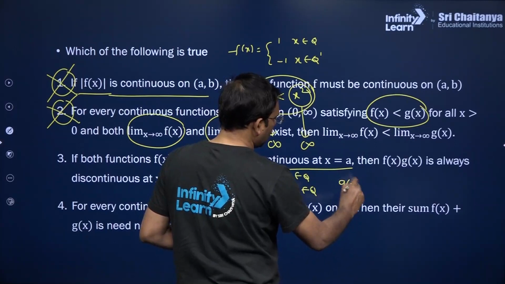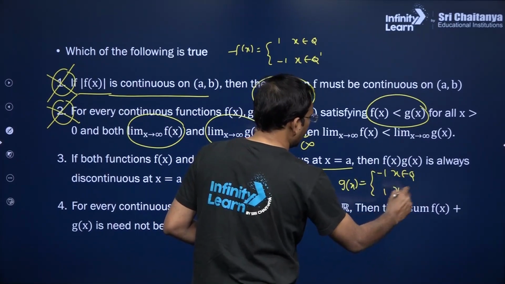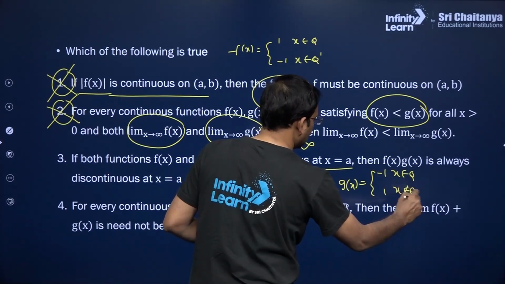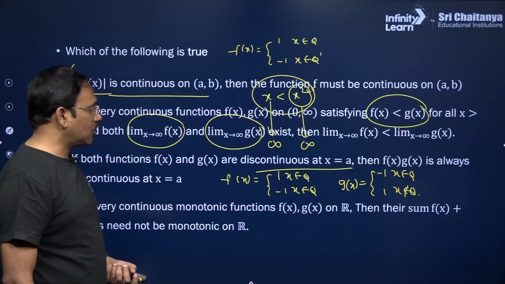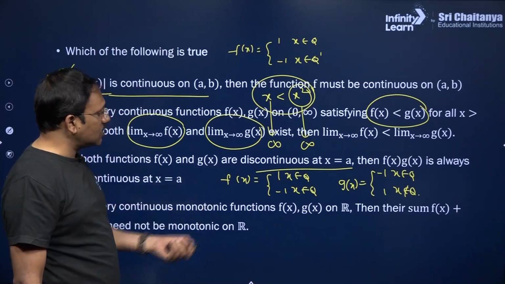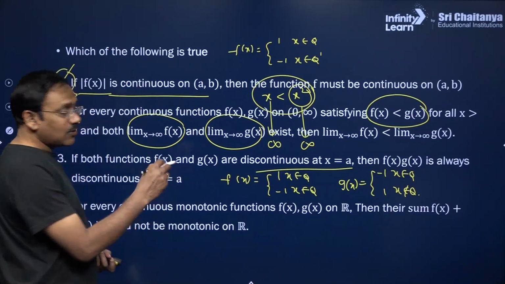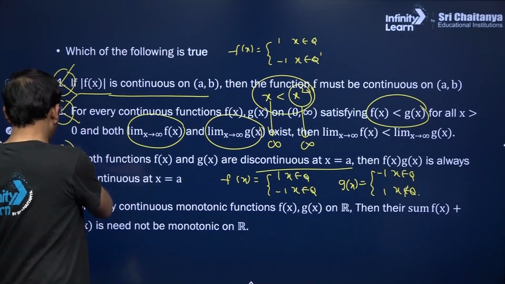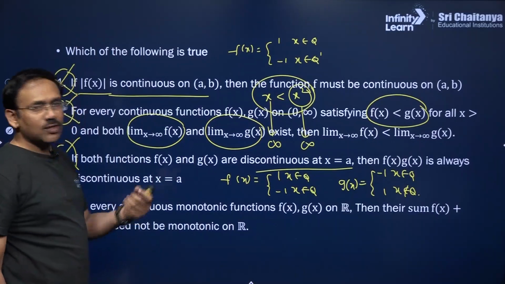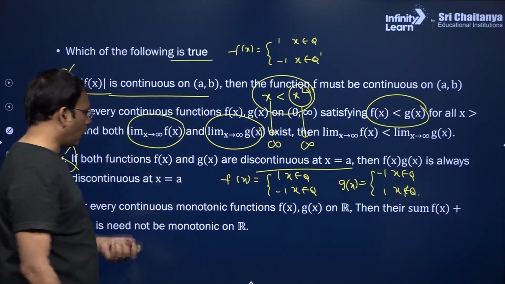G of x you take like, minus 1 if x is rational, 1 if x is irrational, my dear friends. Both are discontinuous at any point you take a. But f into g is minus 1 which is continuous. So, f into g is also discontinuous is a false statement, my dear friends. So, 1, 2, 3 are false. I just want the true statement. So, go with the fourth option.